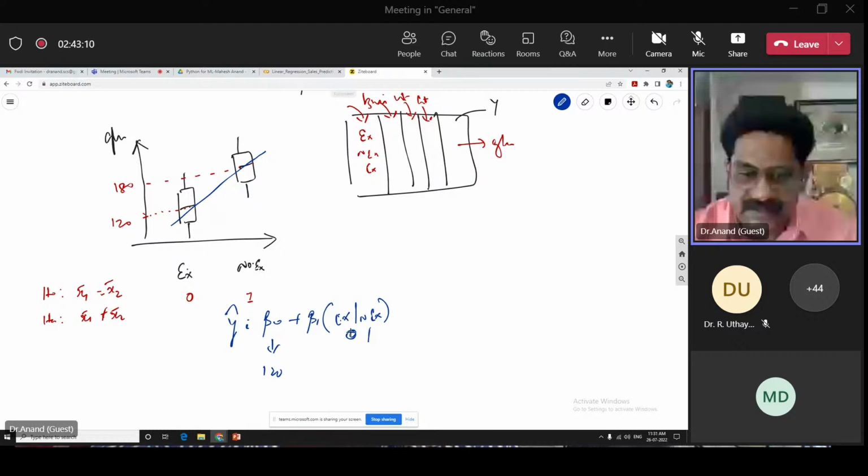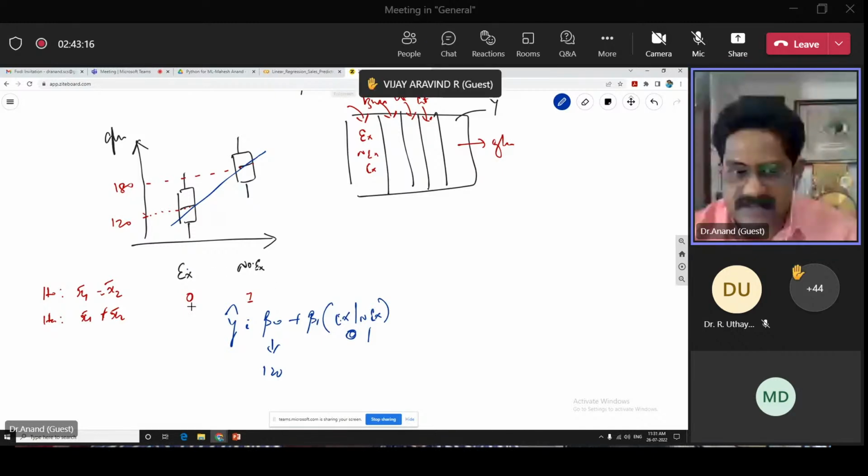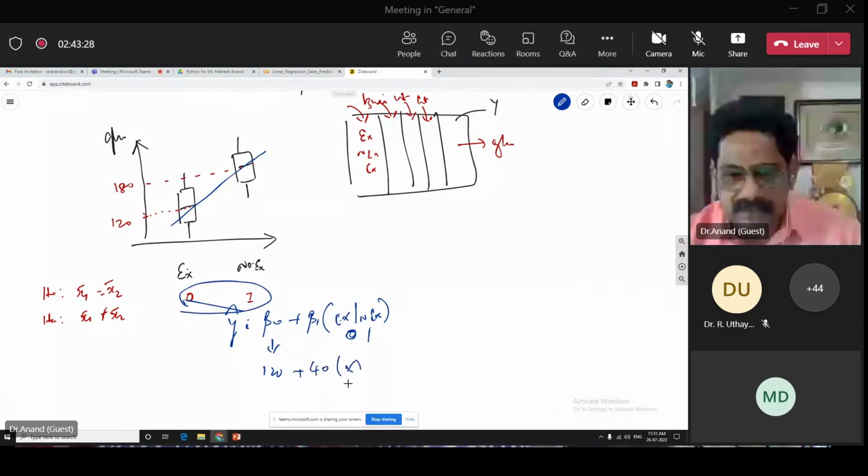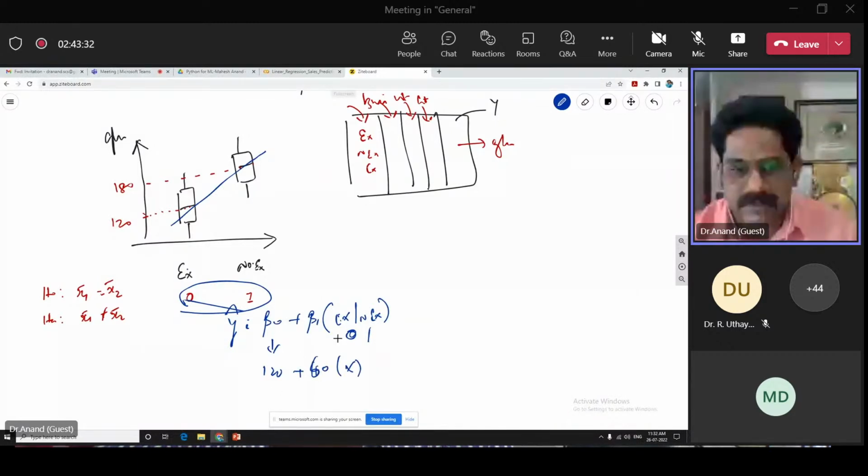Presence of no exercise is 1, 0 means absence of no exercise. That is how the regressor model understands labels 1 and 0. Please understand 0 and 1 are nominal quantities, they do not carry any weightage. Whenever I present 1, it should increase the value from 120 by 60. So 120 plus 60, you get 180, right?